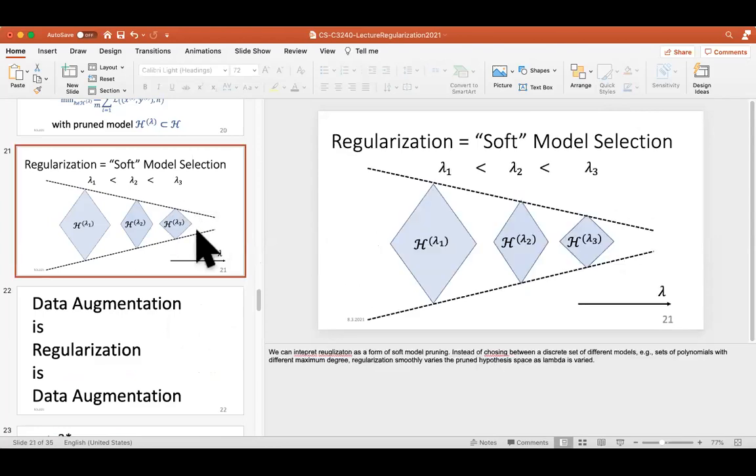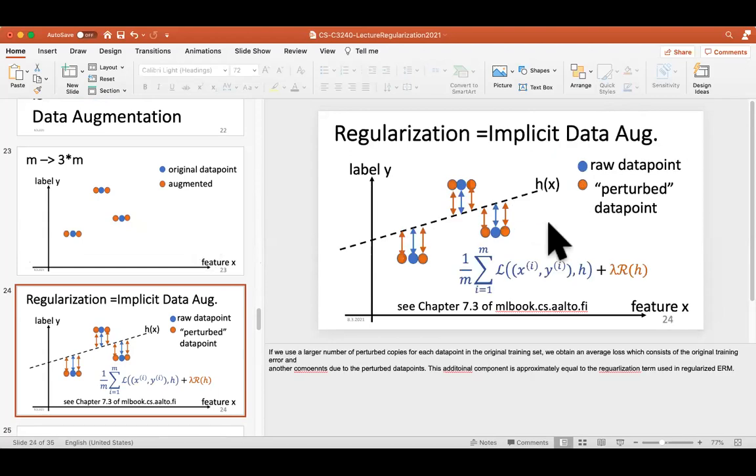In particular, this regularization term can be interpreted as the additional training error that one would get if one replaces each original data point by an ensemble of random variables, which are random perturbations of the original data point. If we compute this extra training error on these augmented or perturbed data points, what you get is exactly this regularization term. So regularization is equivalent to data augmentation.